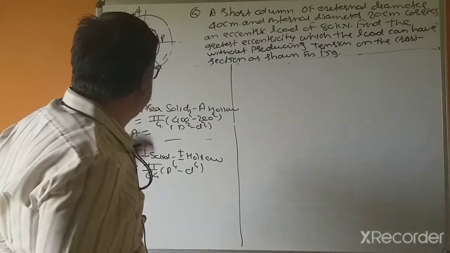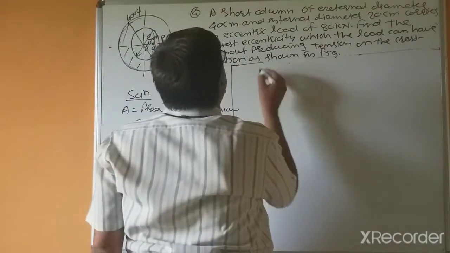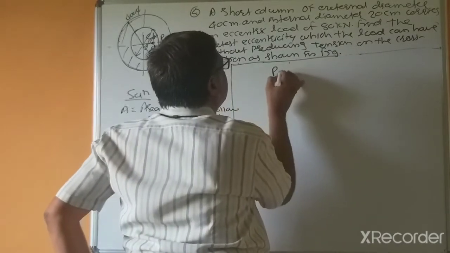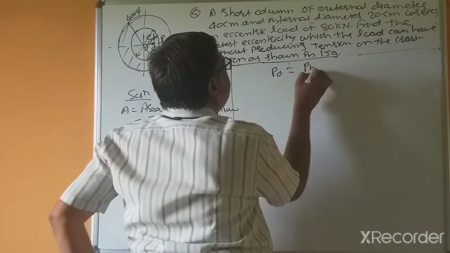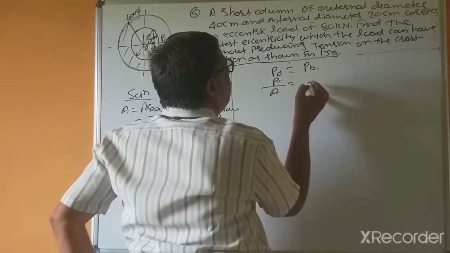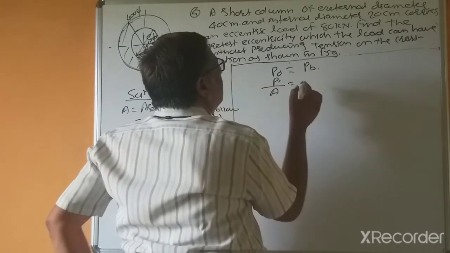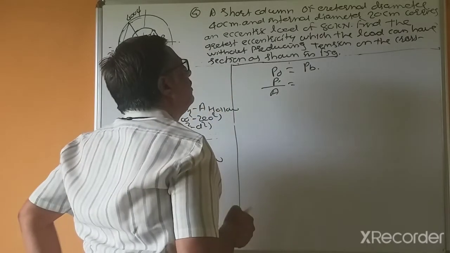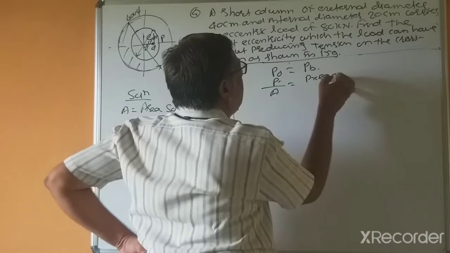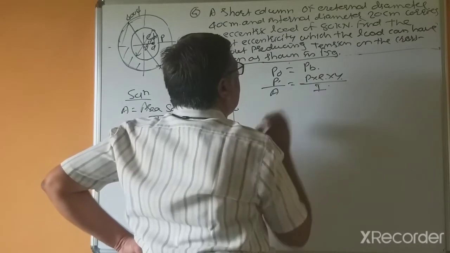After that we will see tension. So that's why P0 equals P divided by A, and PB equals P into E multiplied by Y divided by I.